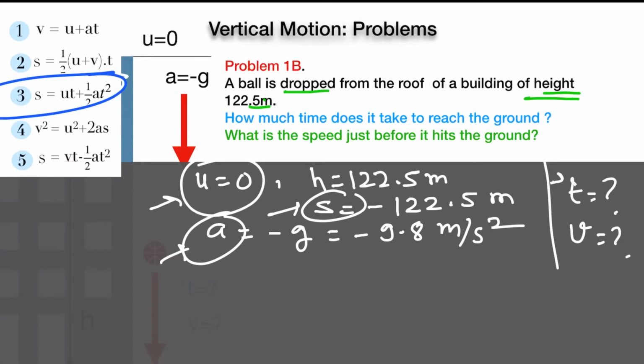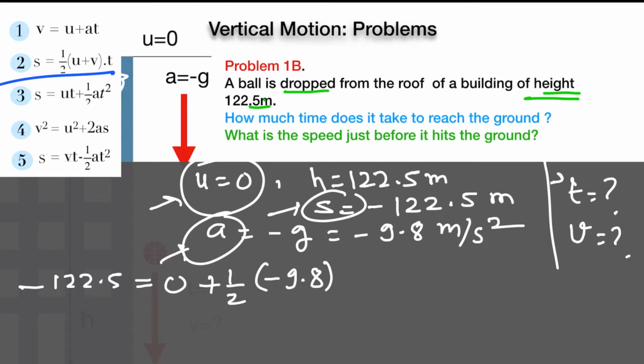So if we use equation number 3 and put in the values, s equals minus 122.5 meters equals ut, u is 0, so ut is 0, plus half a t square, a is minus 9.8, t square, and t is what we have to find.